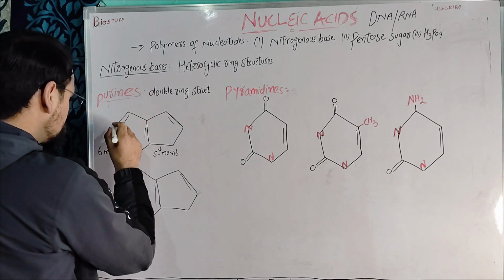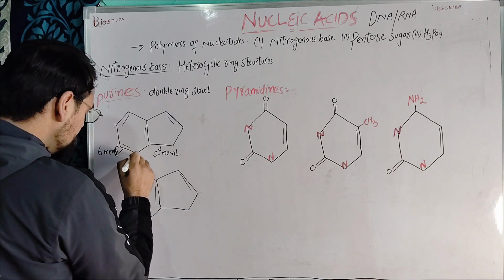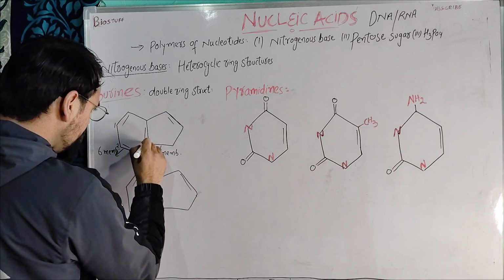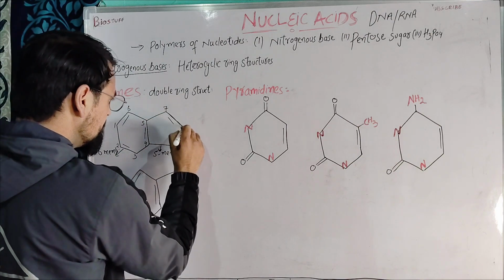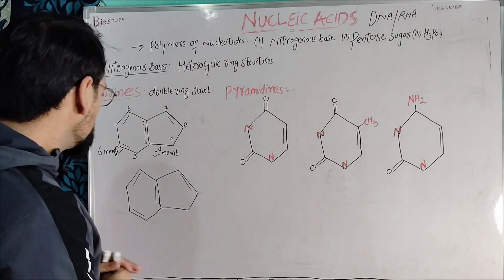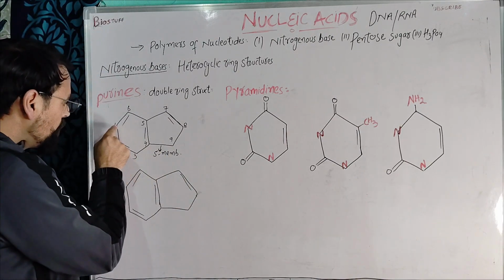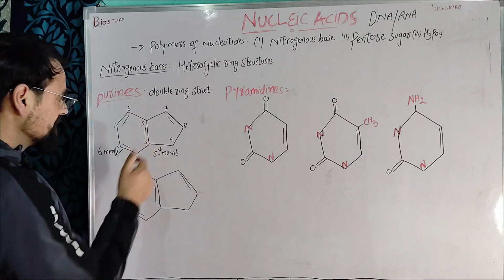This is position number 1. This is position number 2. This is position number 3, 4, 5, 6, 7, 8, and 9. So if you see in the six membered ring, we are going anti-clockwise. 1, 2, 3, 4, 5, 6, like this.